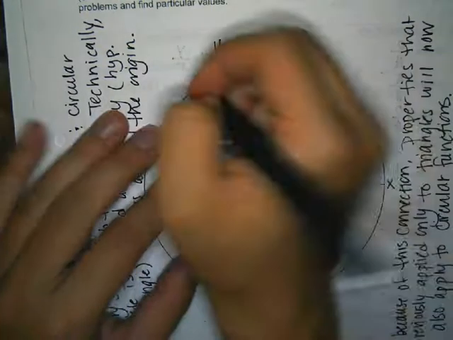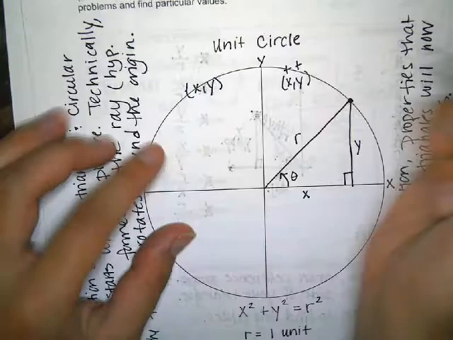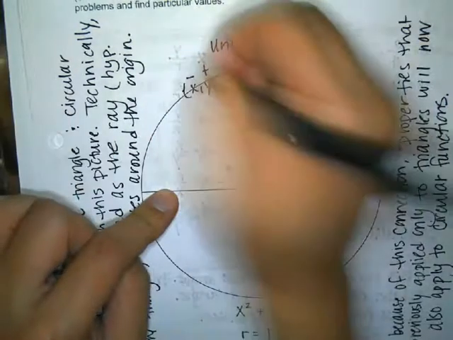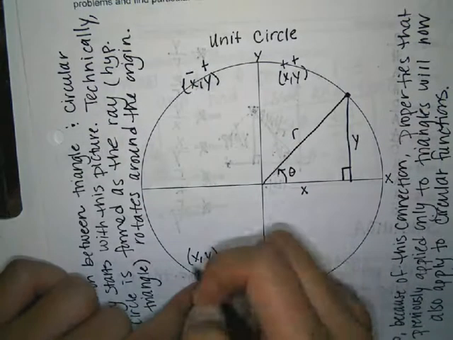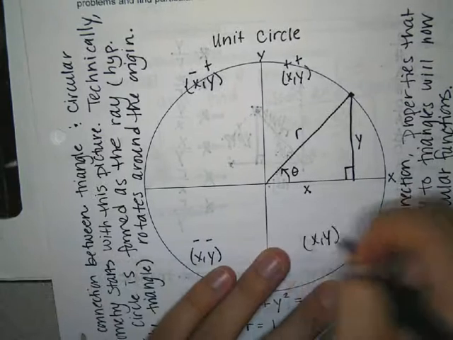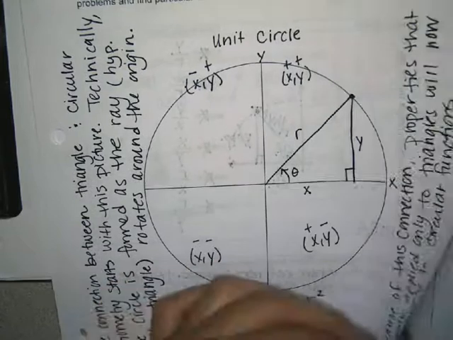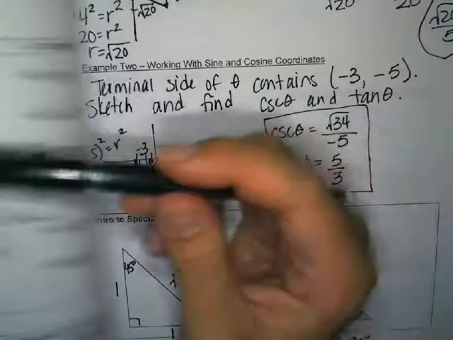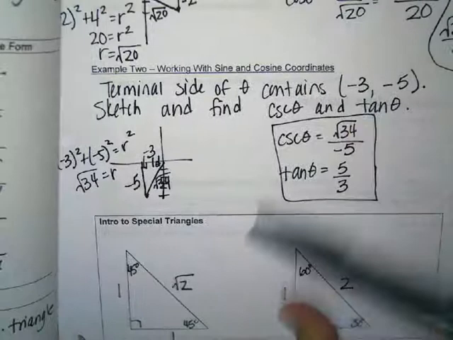In this quadrant here, x values are negative, y values are positive. In this quadrant down here, x values are negative, y values are negative. In this quadrant, x values are positive, y values are negative. That's going to make a difference when we start looking at some of these ratios. It makes a difference what quadrant you're in.